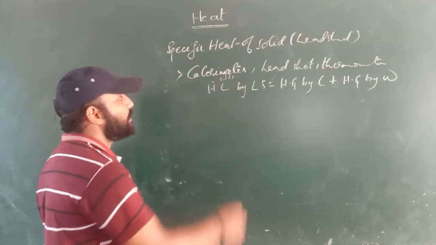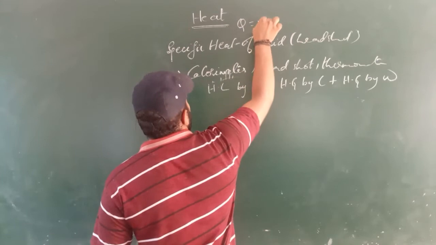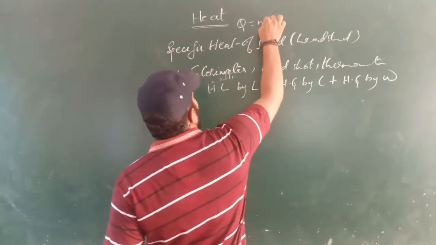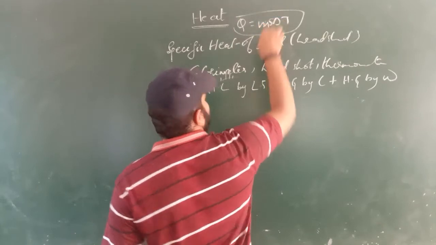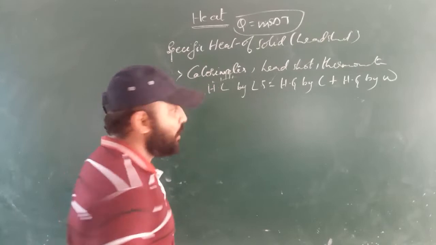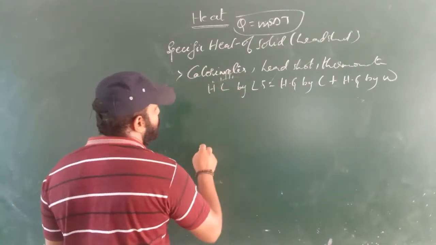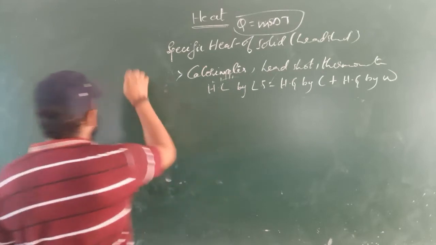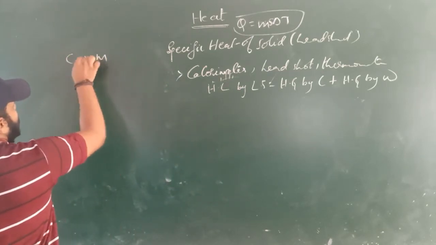Okay. What is the heat lost by the lead shot? What is the formula for heat? Q is equal to m s delta T. Heat lost by the lead shot: what is the mass of the lead shot we have taken? Mass of calorimeter is m1.